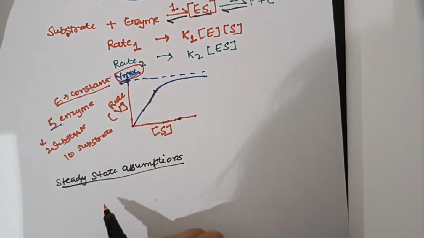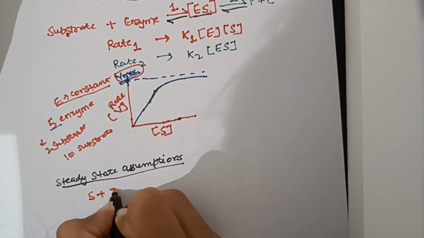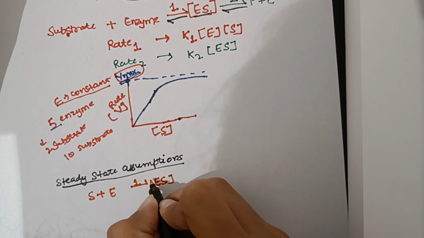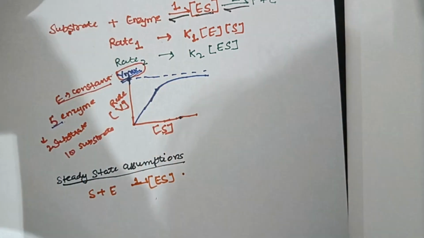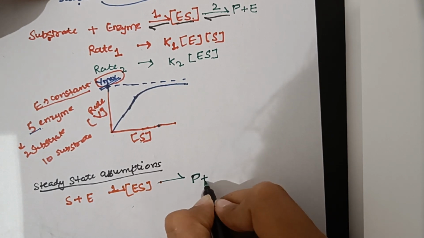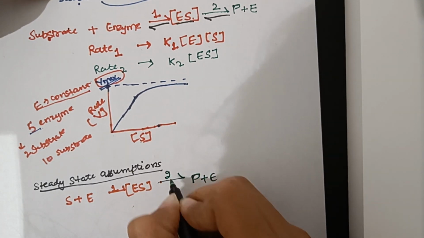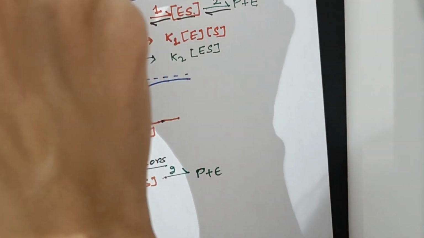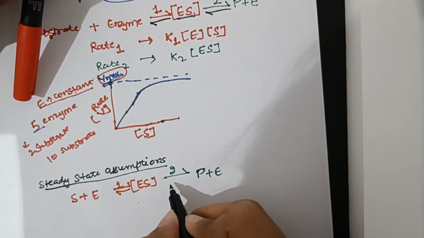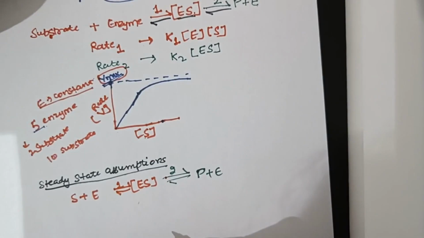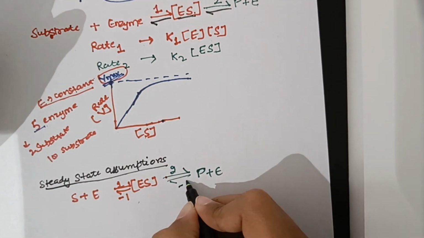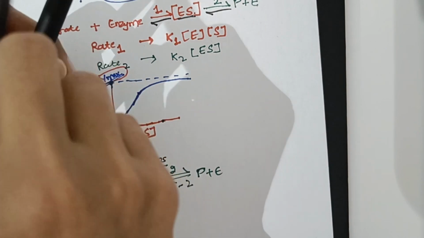I will write that equation again: substrate plus enzyme, the first reaction gives you the ES complex, and then the second reaction gives the product plus enzyme. And we talked about how it can go in the reverse direction as well. So we call this one -1 because it is going in the reverse direction, and this one -2 because it is also going the other way.